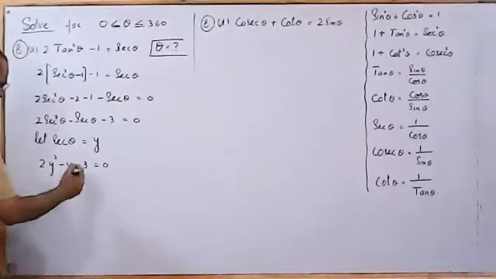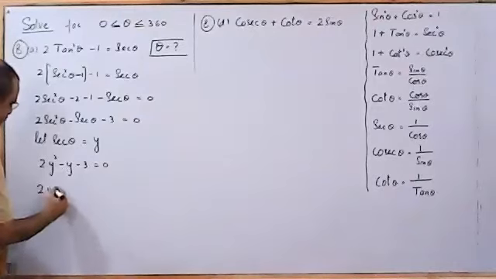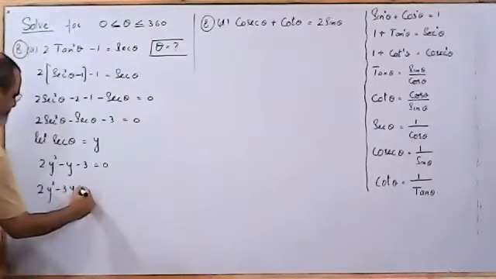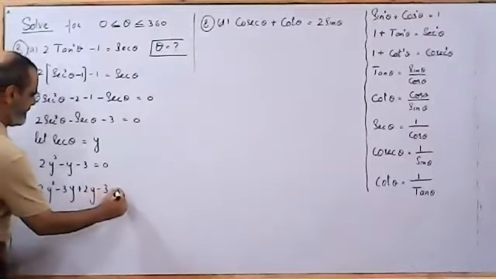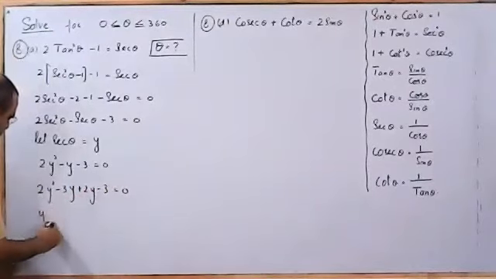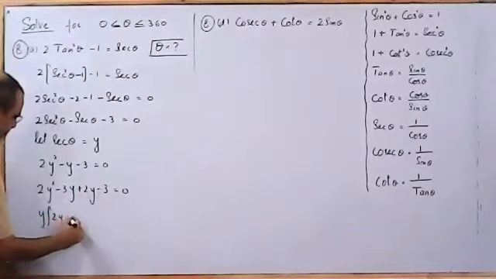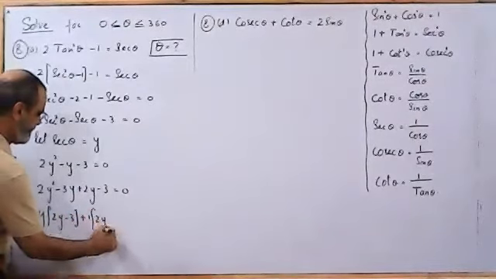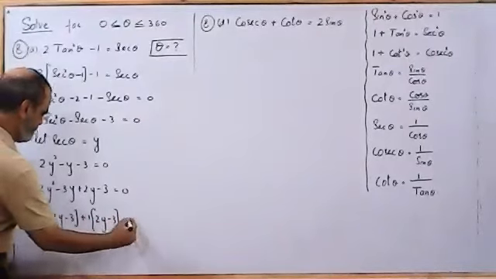So for factorizing, I'm using 2y square minus 3y plus 2y minus 3 is equal to 0. y into 2y minus 3 plus 1 into 2y minus 3 is equal to 0.